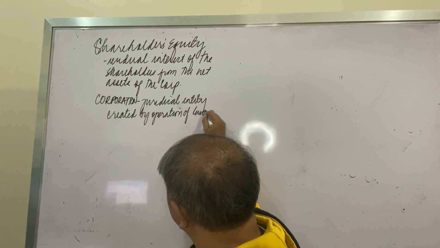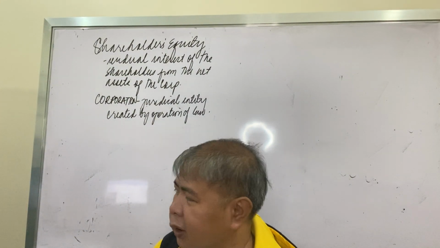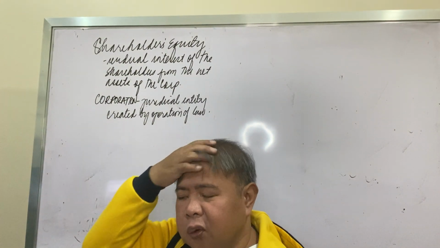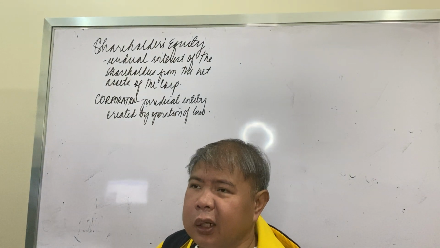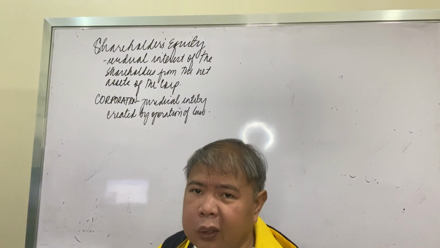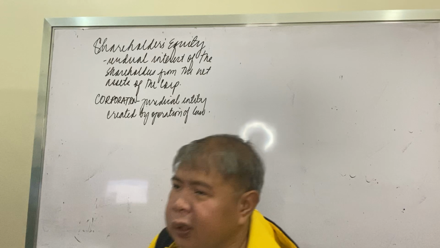Okay, so dahil sa batas, ang isang korporasyon ay nagkakaroon ng buhay. Because it is a juridical entity, the corporation may acquire assets, may dispose of assets, no? Those are some of the rights and privileges of the corporate setup, once they are already registered with the SEC.